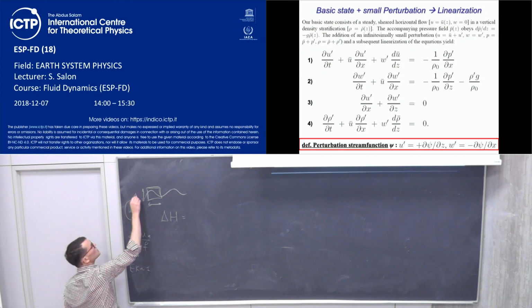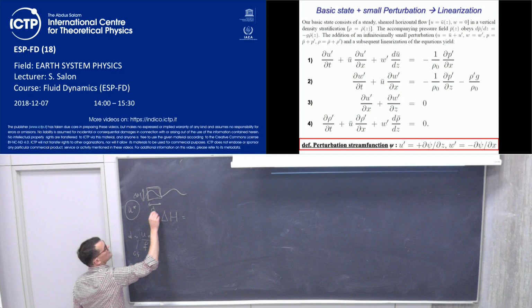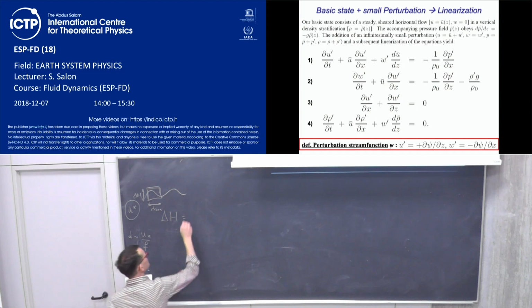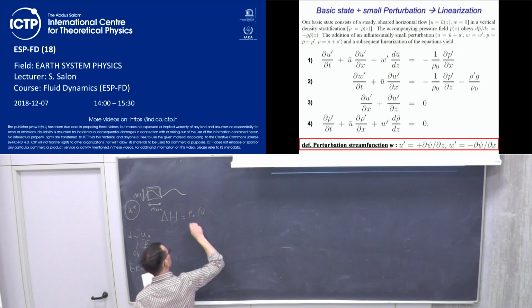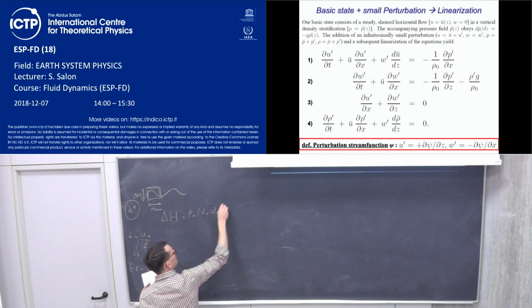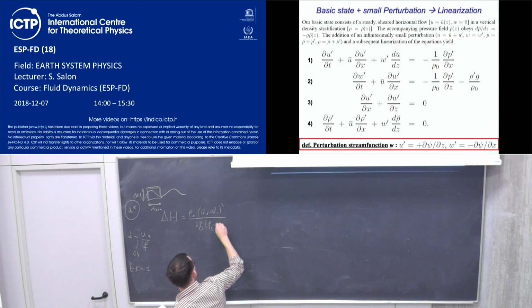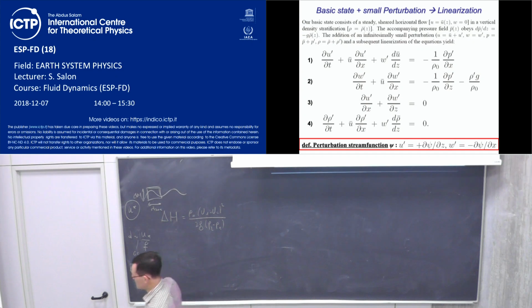So delta H is more or less like lambda max. Delta H was defined as rho 0 times the square of the difference of the two velocities, so we are still in the two-layer system, divided by g times the difference in density.